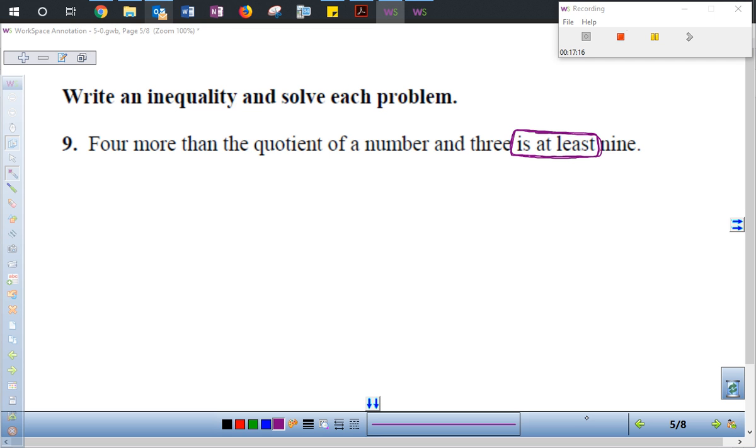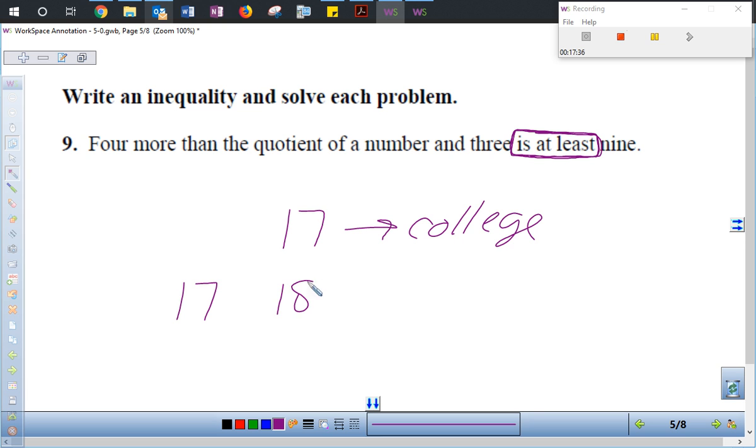So at least means you have to be that age or that number or more. So if I say you had to be at least 17 to get into college, and you say, well, hold on, I'm 17 years old. Can you go to college? Absolutely. Say, well, wait a minute, I'm 18 years old. Can I go to college?